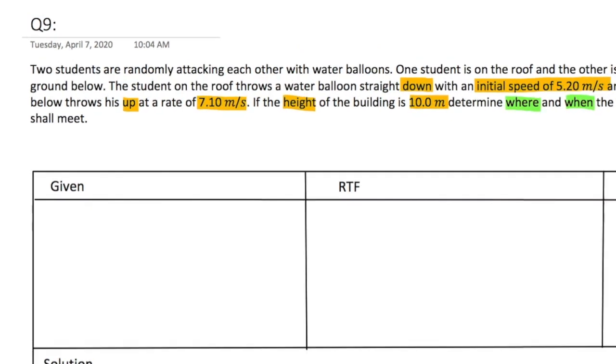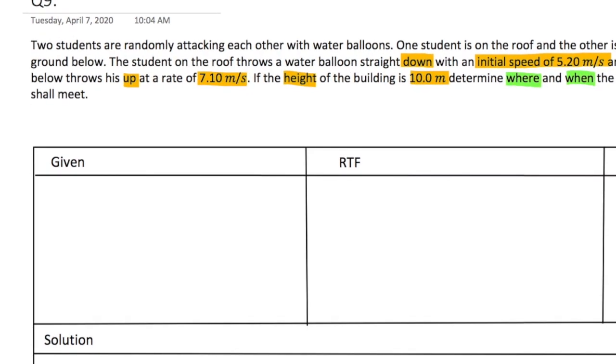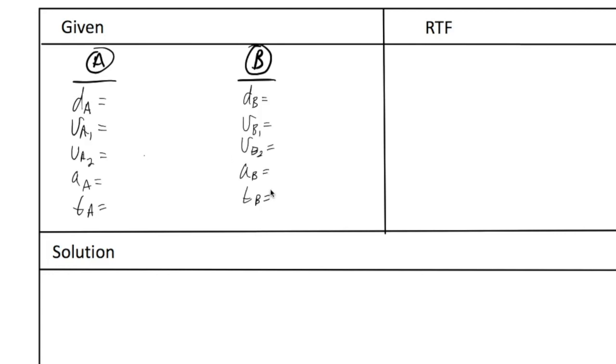In this particular question, we have to make sure that we set up our givens as an object A, object B. The other clue is they're throwing them up and down, which means they're subject to gravity. So it's accelerated motion. We have these parameters for object A and these parameters for object B, and for good measure, let's color code these.